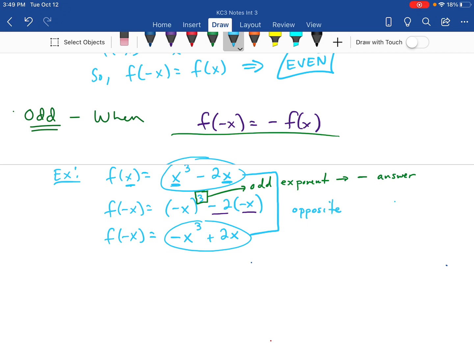It went from a positive x to the third to a negative x to the third, from a negative 2x to a positive 2x. They are the complete opposite. So, opposite functions here. When that happens, f of negative x gave me the opposite of f of x, which means it is an odd function.